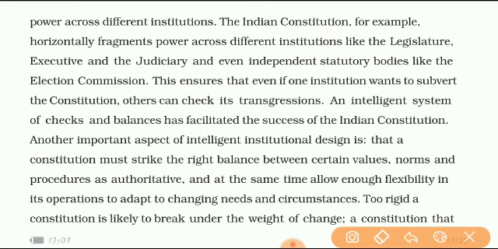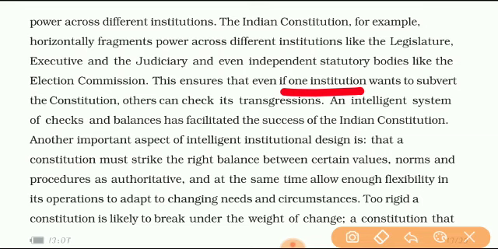So these are the different groups in our country, and different powers are vested in their hands regarding making laws, executing the laws, protecting the fundamental rights of the people, and punishing those who are violating the constitution. So this ensures that even if one institution wants to subvert the constitution, others can check its transgressions.